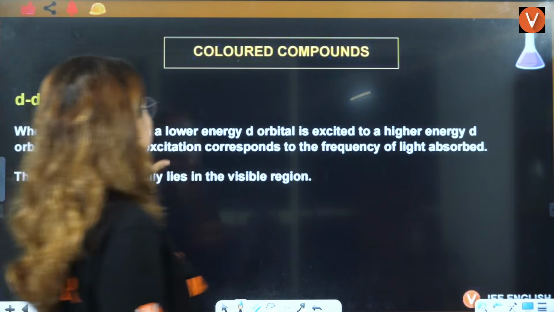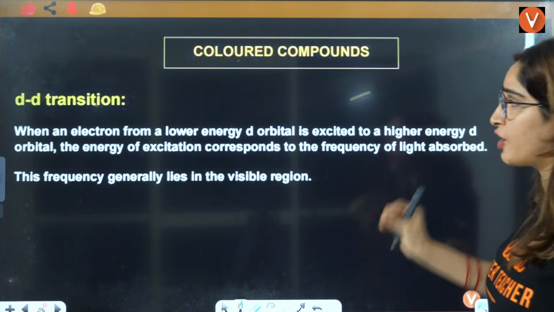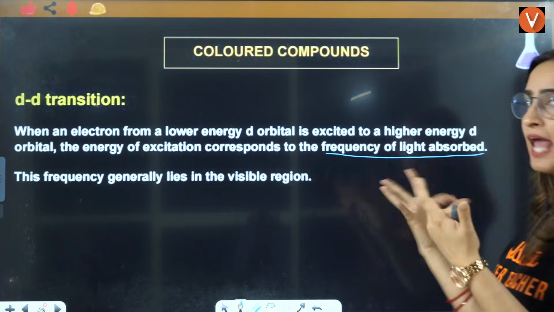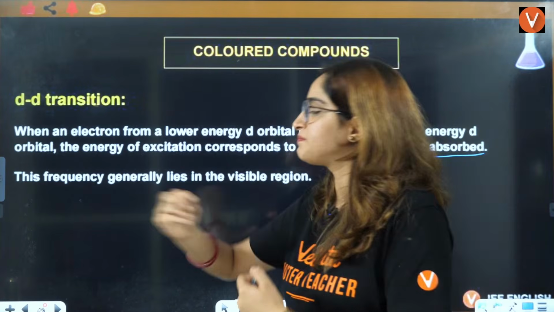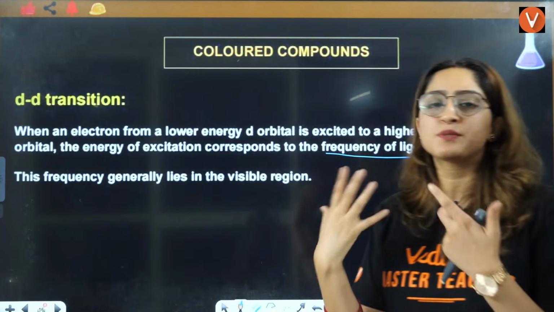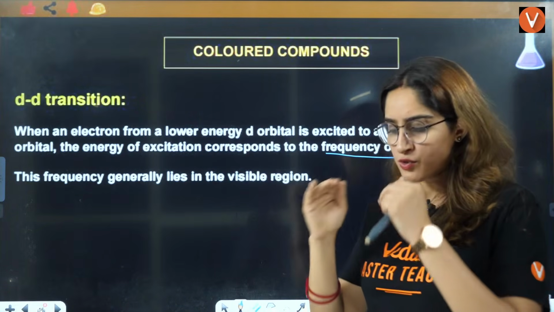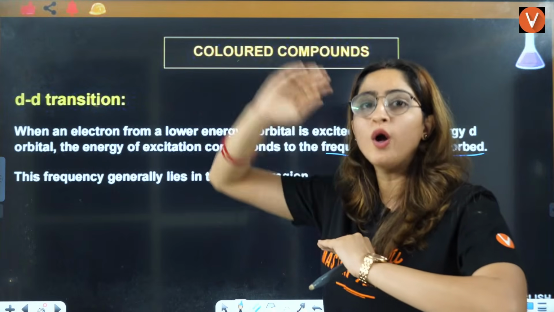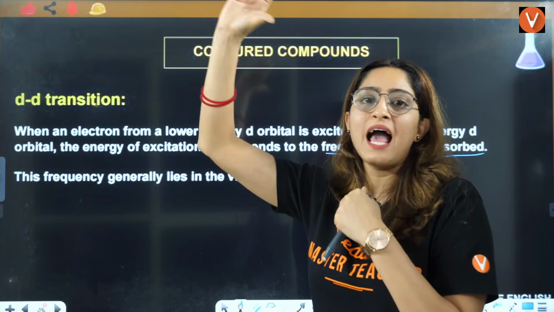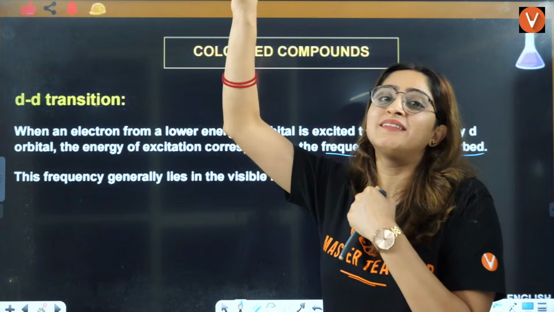When an electron from a lower energy d orbital is excited to a higher energy d orbital, the energy of excitation corresponds to the frequency of light absorbed. When it moves from this position to this position, it will absorb some energy, because the higher orbital has more energy. So you need to gain that amount of energy to be there, right?